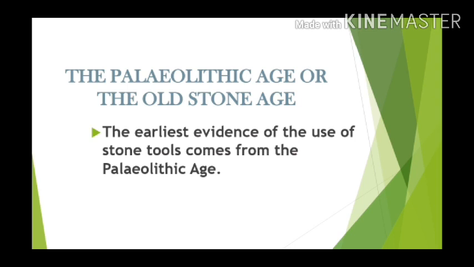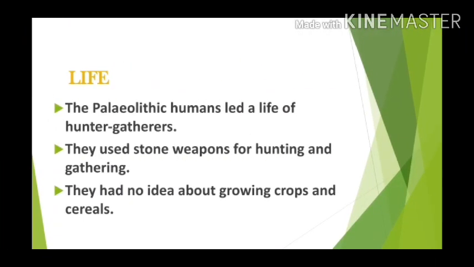The earliest evidence of the use of stone tools comes from the Paleolithic Age, which means since it is the first phase of Stone Age, the first evidence of the use of stone comes from this age. Let us now learn about the life of the people of Paleolithic Age.